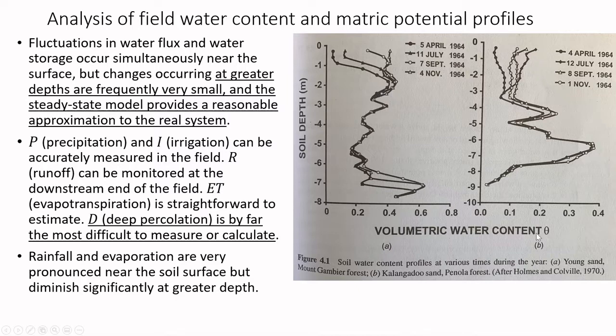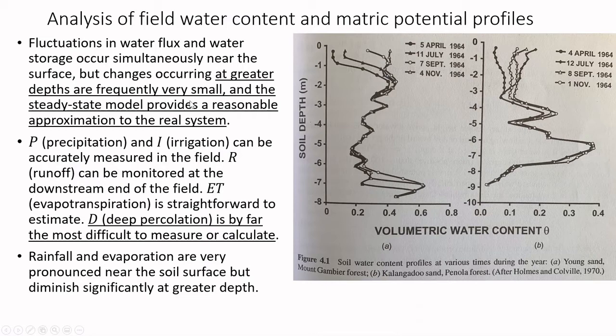The same thing also happens in figure B. You have more changes at the surface, but as you go deeper, the soil moisture content at different months remains relatively constant. So the fluctuation in water flux and water storage occur simultaneously near the surface, but changes occurring at greater depth are frequently very small.